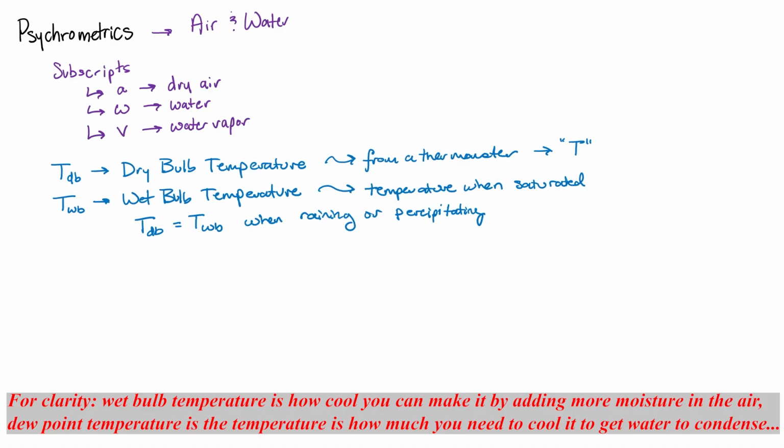So we have these two values that are equal when we have the maximum amount of water in the air, but are not equal any other time. Our temperature dry bulb is going to be greater than our temperature wet bulb.